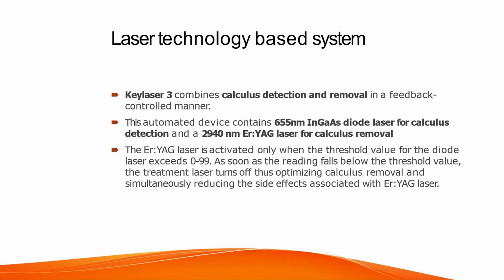So for calculus detection, you have indium gallium arsenide, while for calculus removal, you have erbium YAG. Both are going to show a threshold value once the calculus is detected and once it is removed. And everything is going to be done in an automatic way because it is laser.